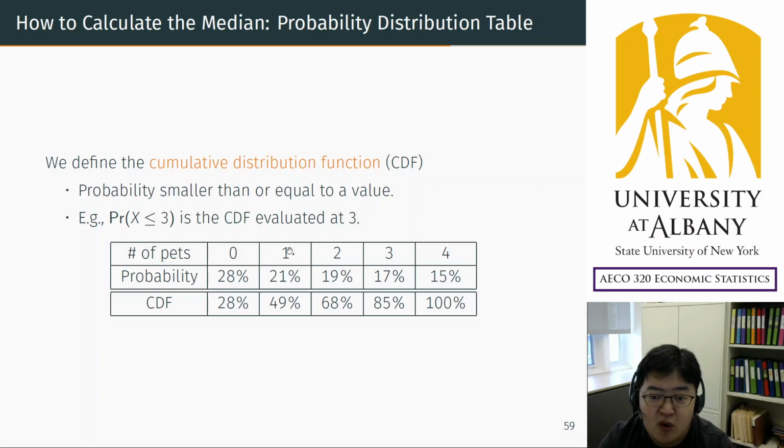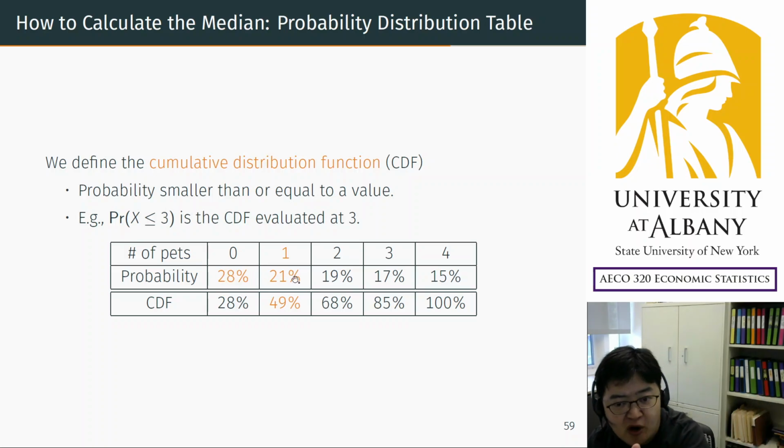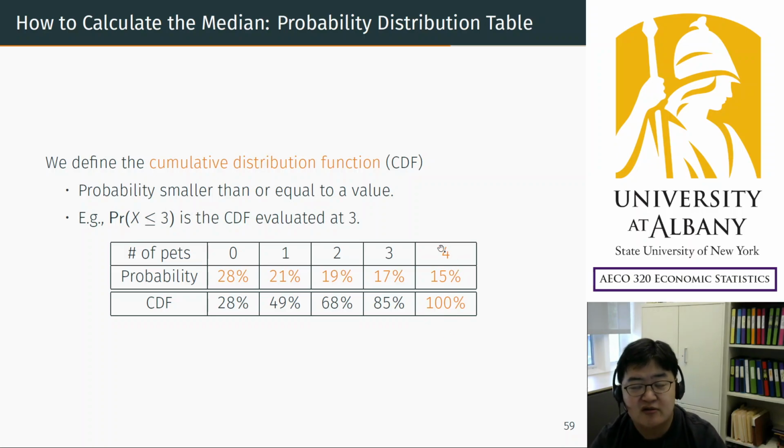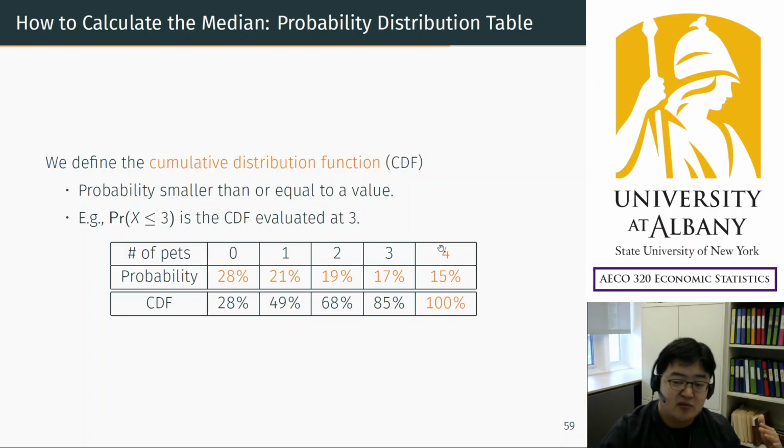When you move to 1, the cumulative probability is the summation of these two probabilities, so from the smallest up to 1, the summation is 49%. Like that, the cumulative probability at 2 is 68%, at 3 it is 85%, and at 4 it is 100%. So at the largest value, the cumulative probability is 100%, right?